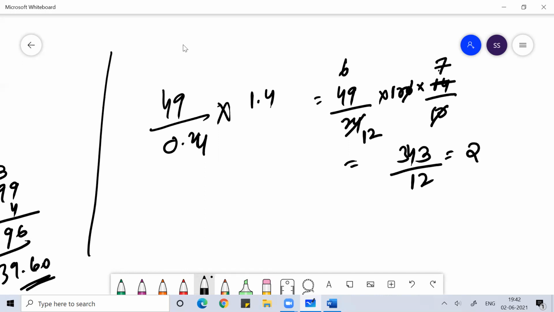Then what are you getting? 287. I'm missing some zero. This is 2 zeros, 1.4. So 0 is there. One minute. This is 7, this is 12.